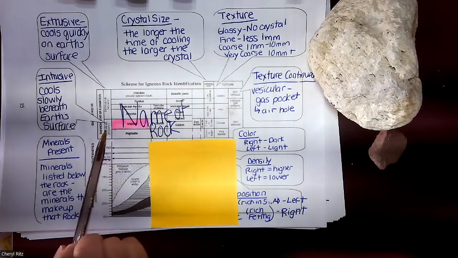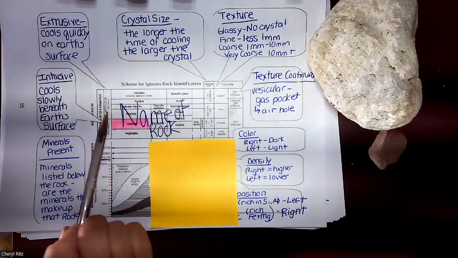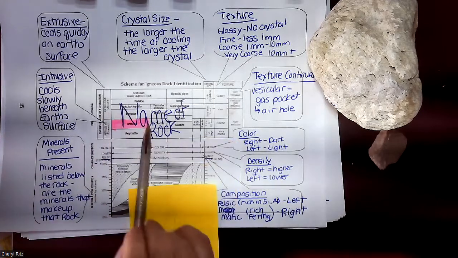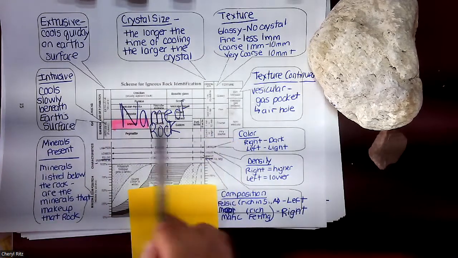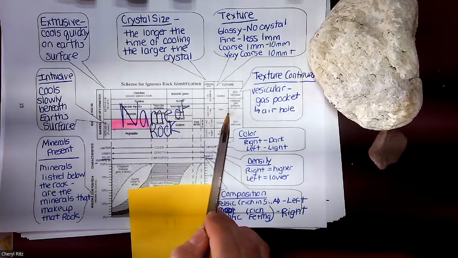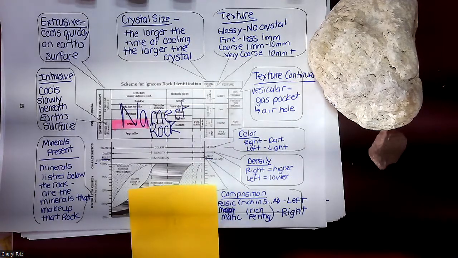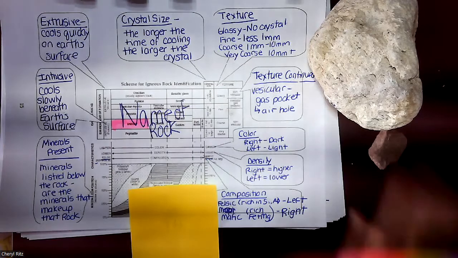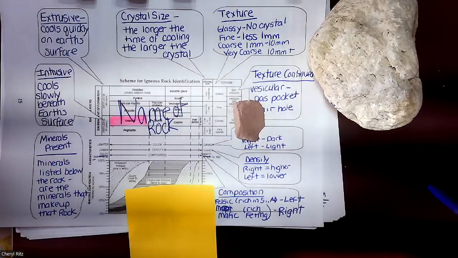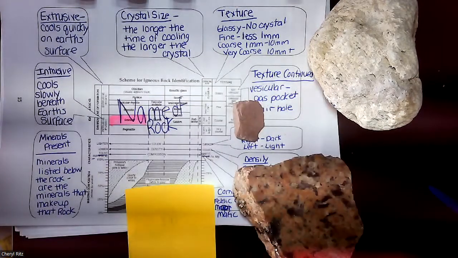Granite is intrusive, rhyolite is extrusive. Or granite is coarse grain, rhyolite is fine grain. So they're legit made of the same thing. This one and this one have the same minerals in them. The only thing that's different is how fast they cooled.